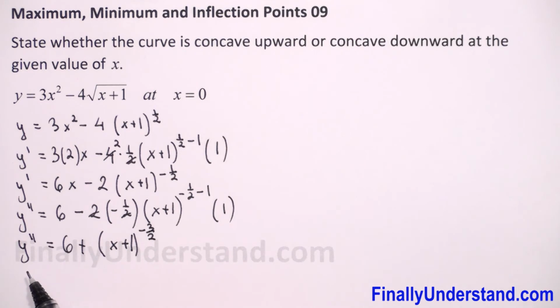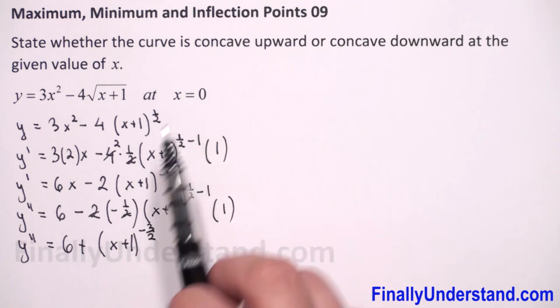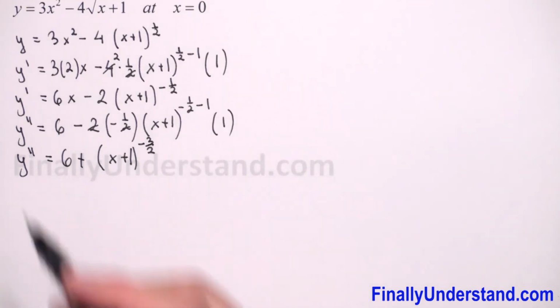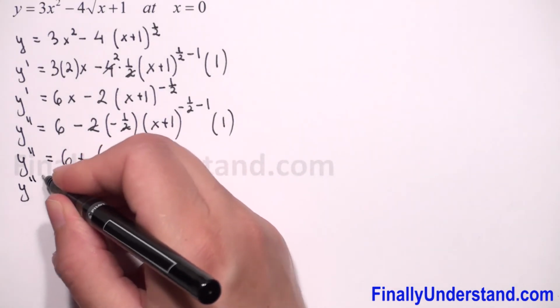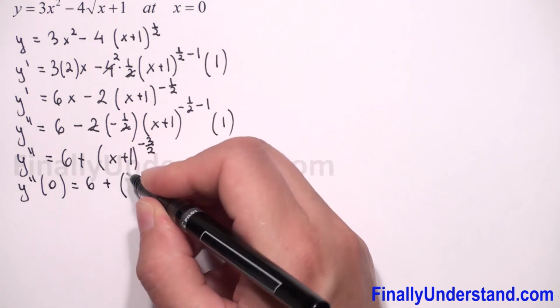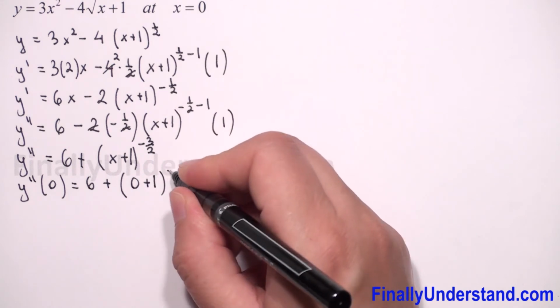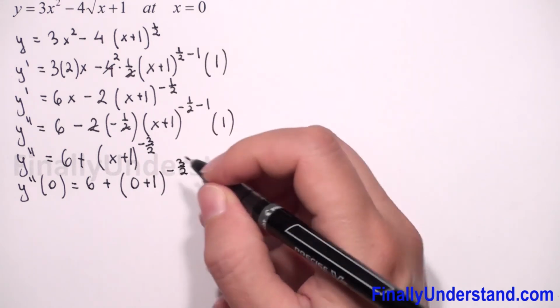When we have the second derivative, we can calculate the value of the second derivative at x equals 0. So y double prime of 0 is equal to 6 plus, and we have to replace x by 0, (0 plus 1) to the power negative 3 over 2.